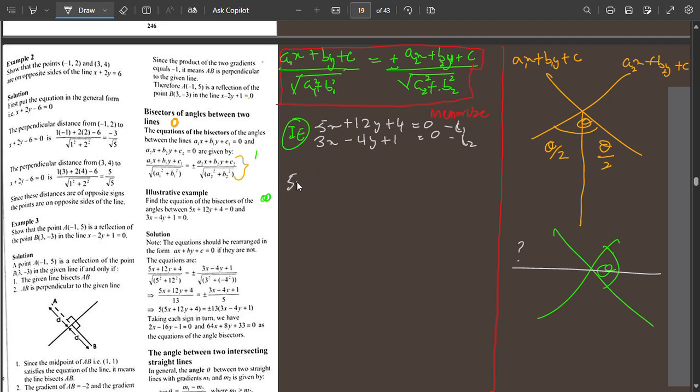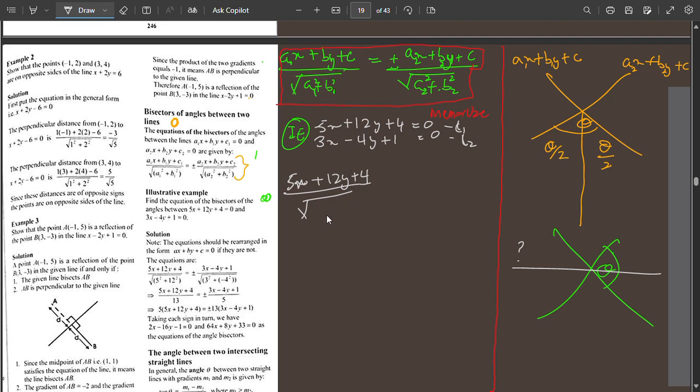We have 5x, because a is 5, so we just pick the whole equation and put it there. So 5x plus 12y plus 4 divided by the square root of a squared plus b squared. A is 5 and b is 12.